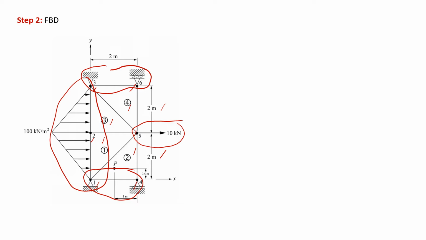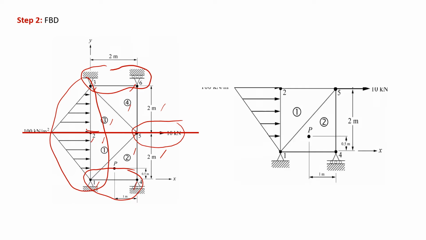So let's say in this case we cut somewhere in the middle and we take the bottom part, as we need to calculate the stress at point P later on. So let's take the bottom part of the structure for our further analysis. So here is the bottom part of the structure after we cut it into 2.